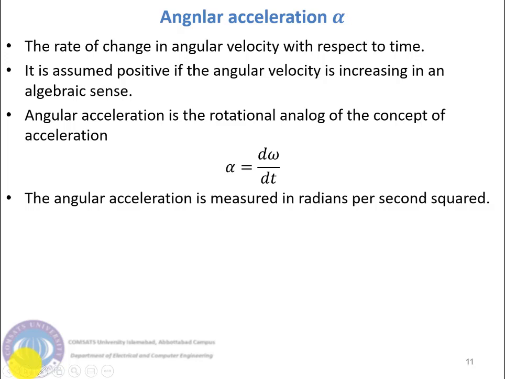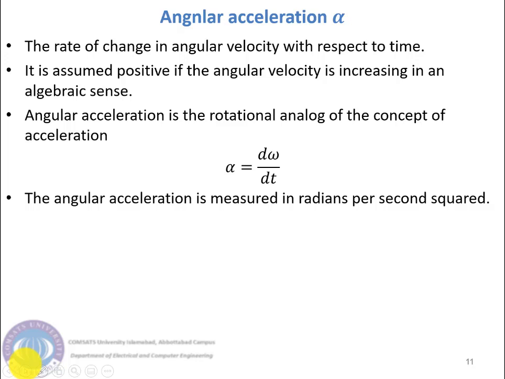Now, angular acceleration, because we are talking about motors, is the rate of change in angular velocity with respect to time. It is assumed positive if angular velocity is increasing in an algebraic sense. Angular acceleration is the rotational analogue of the concept of acceleration that I told you.